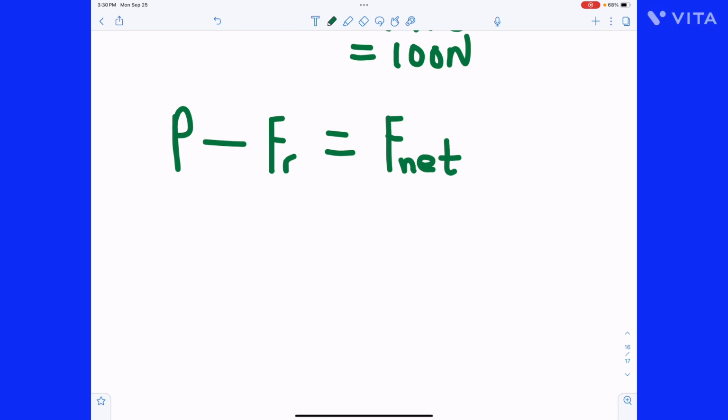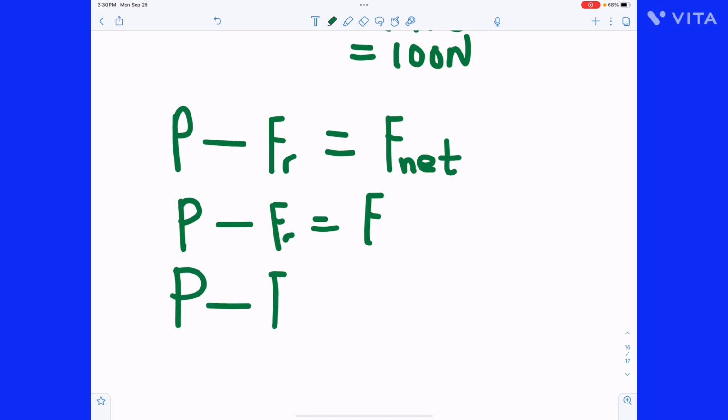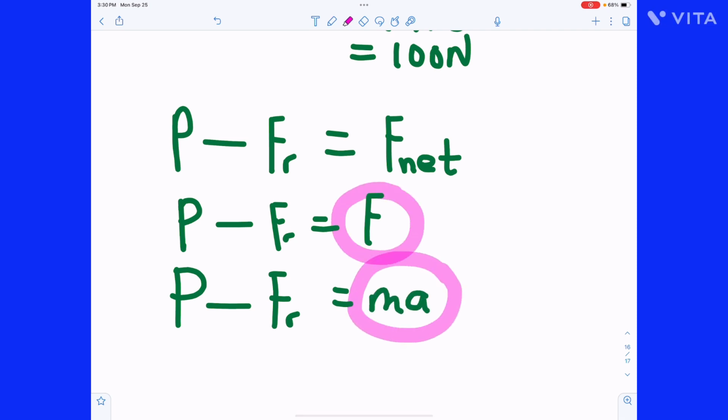So P minus frictional force is equal to net force. So the applied force minus frictional force is equal to MA, because it is the net force that gives acceleration to the mass.